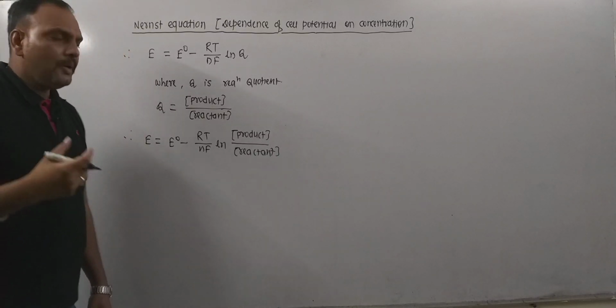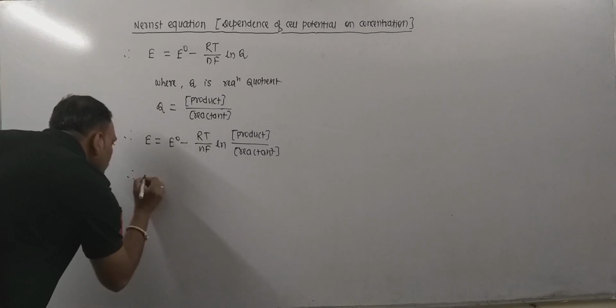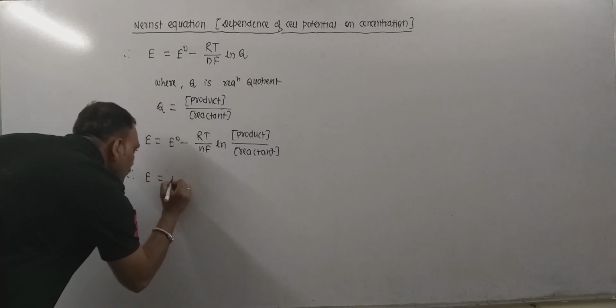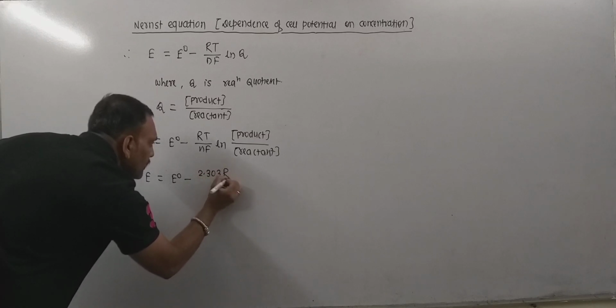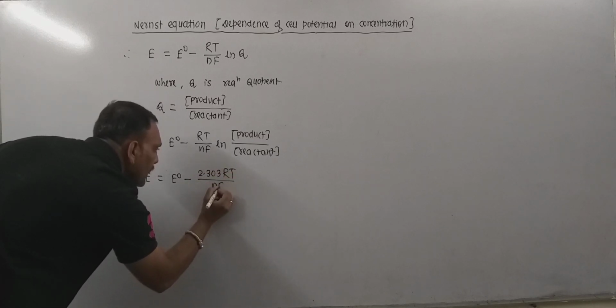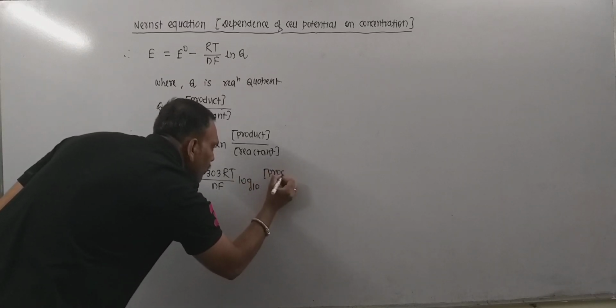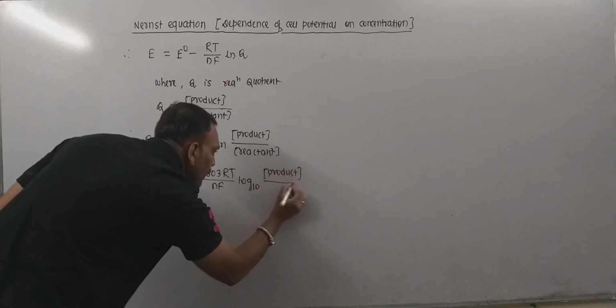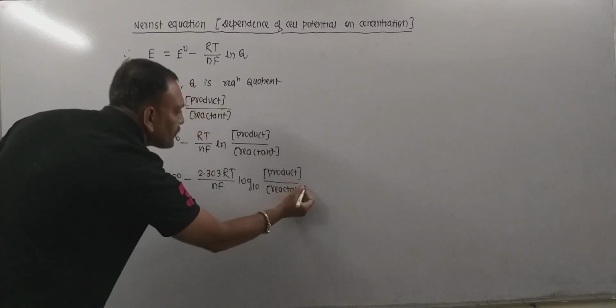Now if we convert ln to log base 10, the equation becomes E equals E naught minus 2.303 RT upon NF log base 10 concentration of product upon concentration of reactant.